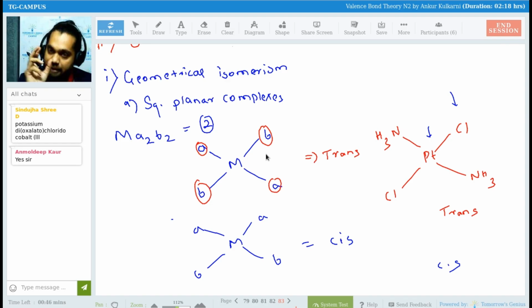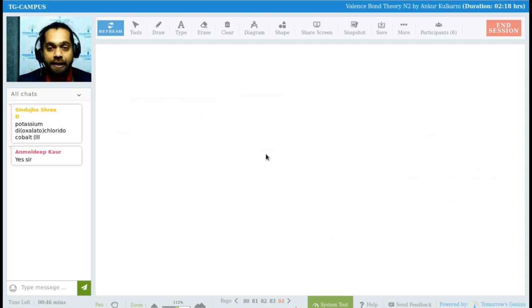So for that, let us consider two bidentate ligands. In that there will be no cis and trans. Only in the ligands like this, look over here, for example, platinum, GLY twice.